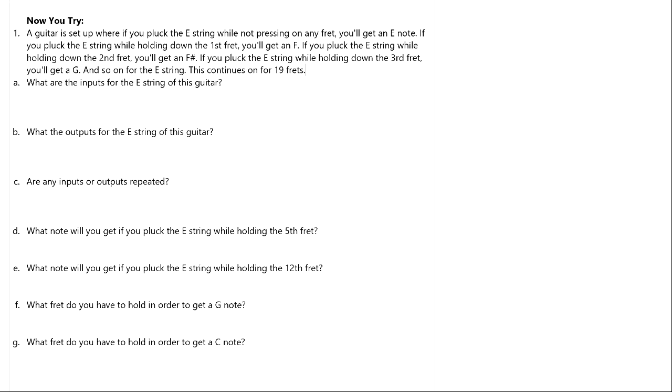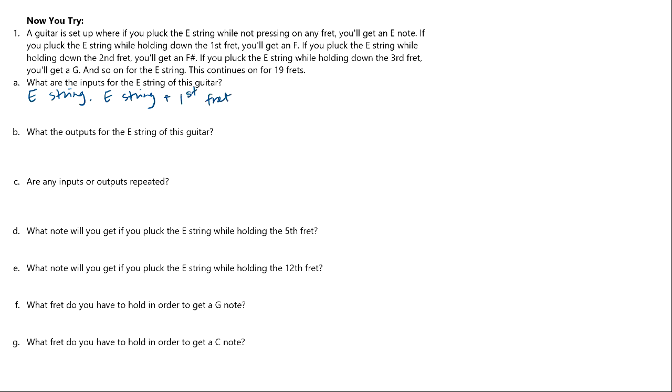So the inputs are a little bit easier to figure out in this scenario. We would just have the E string as is without frets, and the E string with the first fret, second fret, etc., all the way to the 19th fret. I'm just going to write down the list. It could be E string, and E string with the first fret.